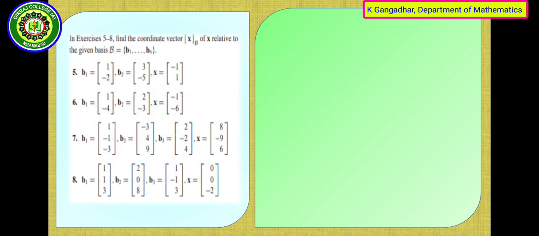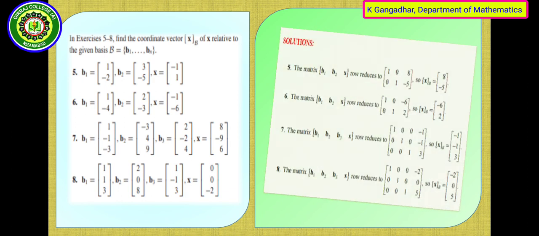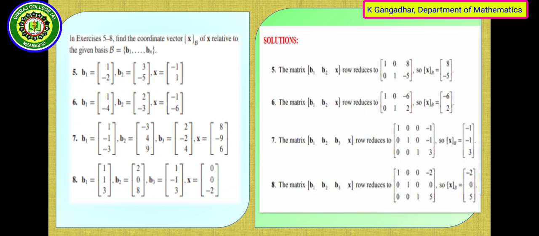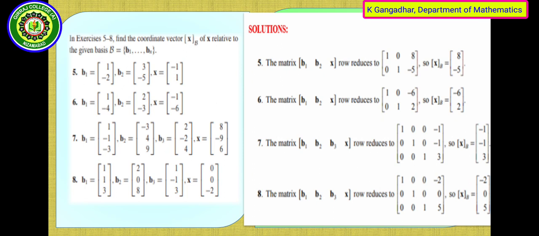So now the next problems are the same model problems. Here find the coordinate vector [x]_B of x relative to the given basis b1, b2. The b1, b2 values are given, and the x vector is given. So we want the matrix [b1 b2 x].